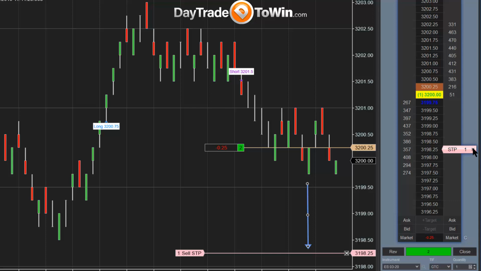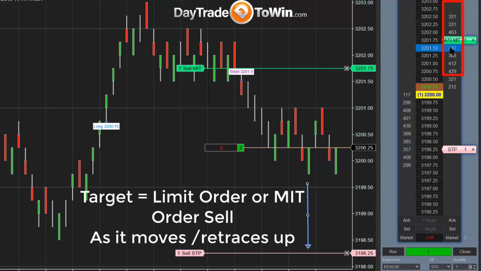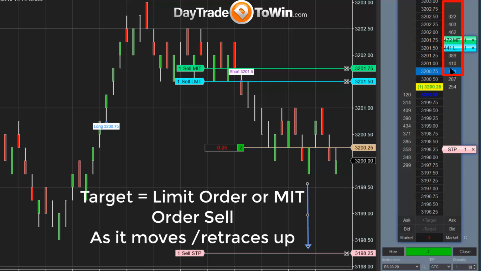And my target, since now I want to see the market go up and be successful so I can make some money, it's going to be a retracement up, right? So I'm going to sell it with a limit order submitted, or a market if touched order, or a limit order here. So as the market goes up, it's retracing up to sell it, just like it retraced down to buy it.